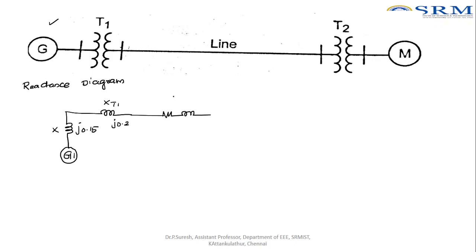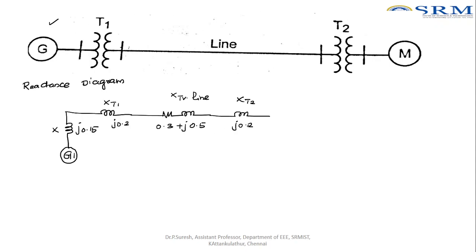So this is X transmission line. The value we calculated as 0.3 plus J 0.5. The transformer and transmission line should be connected in series. So this is transformer 1, this is the transmission line, and again transformer 2 is here. This is your transformer 2, the reactance value for transformer 2 we calculated as J 0.2.